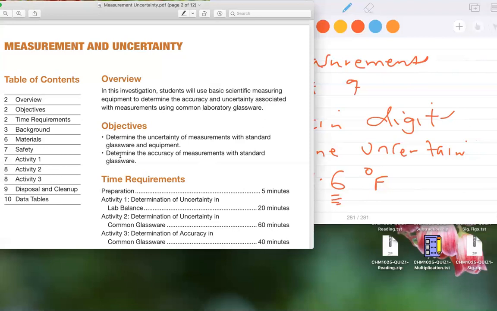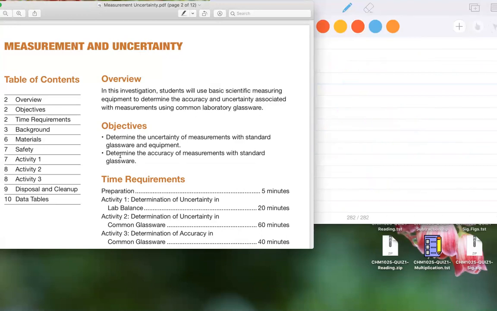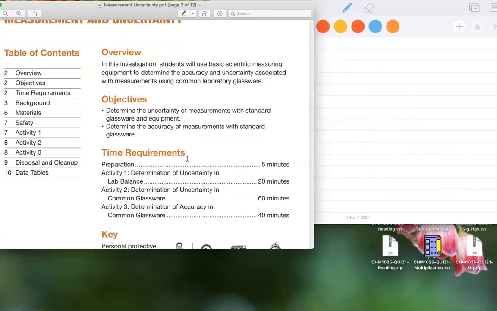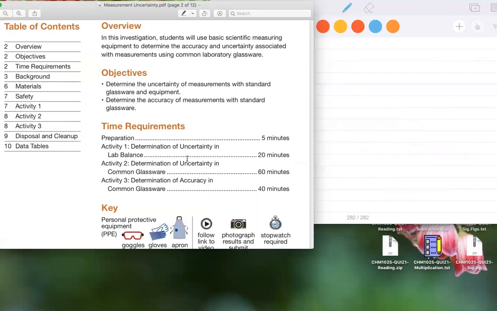You should also determine the accuracy of measurement with standard glassware. When we say accuracy, this means how close you are in your measurement to the true value. There is accuracy and there is precision, which you will have to measure.